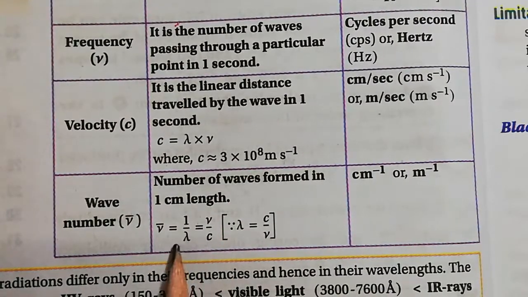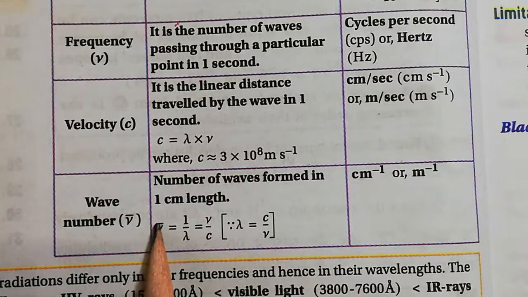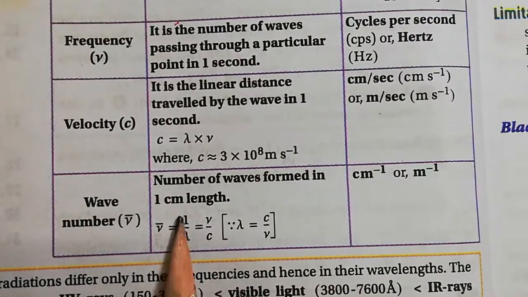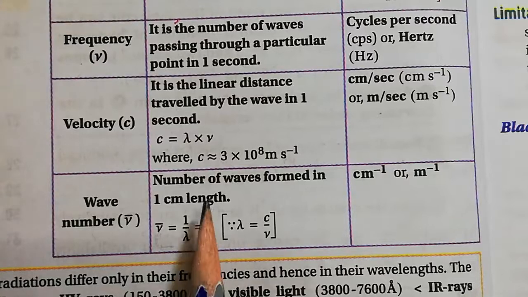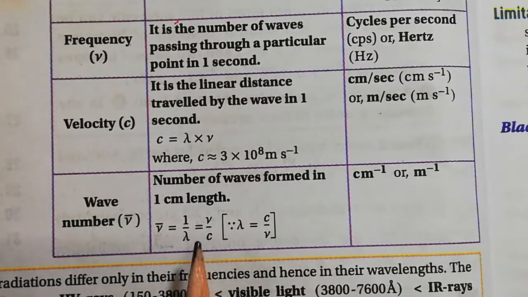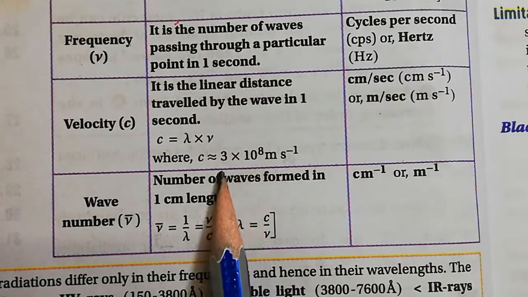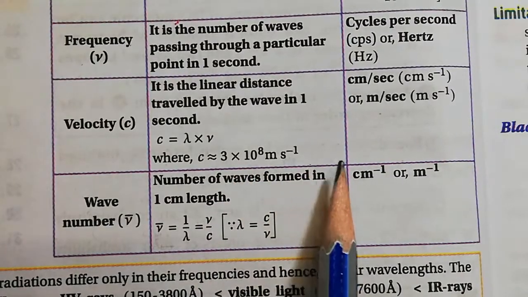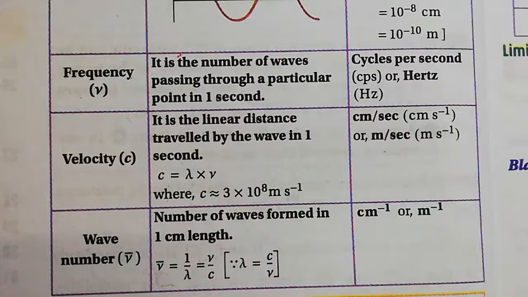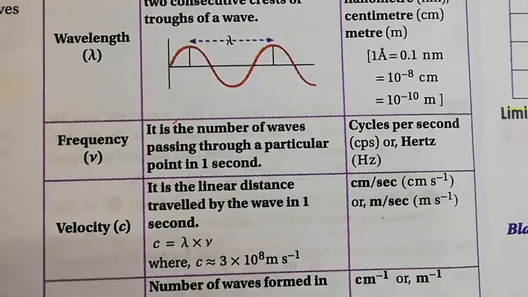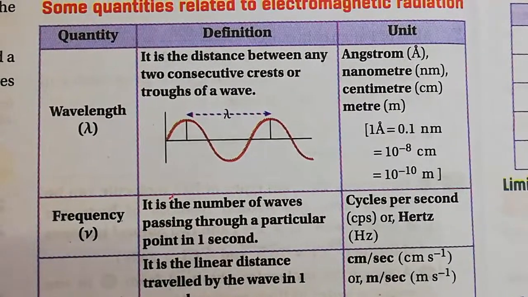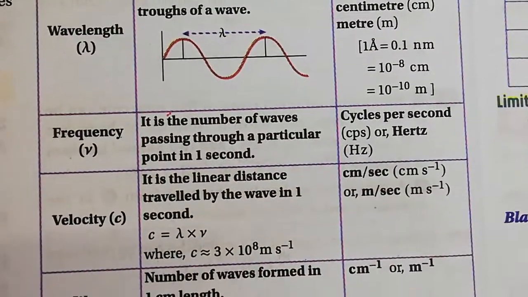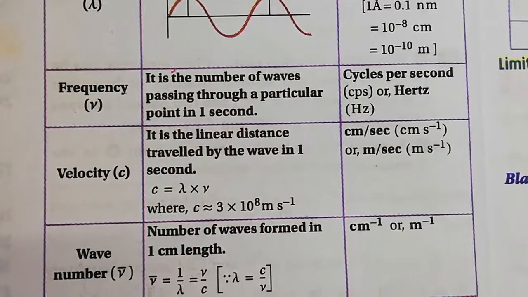Mathematically it is shown as nu bar, which is 1 by lambda, and 1 by lambda is also equal to nu by c, where c is the velocity of light, 3 into 10 to the power 8 meter per second. So these are the common terms which are very important to understand the electromagnetic wave: the first is wavelength, the second is frequency, the third is velocity, and the fourth is wave number.